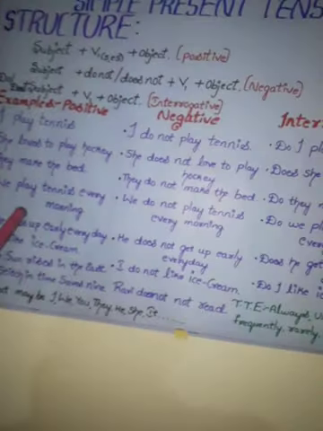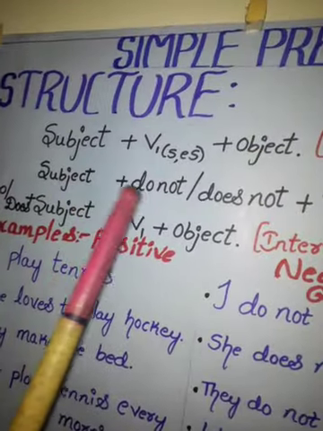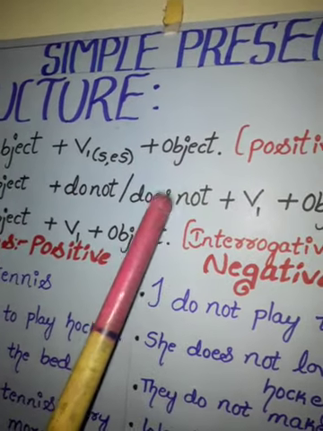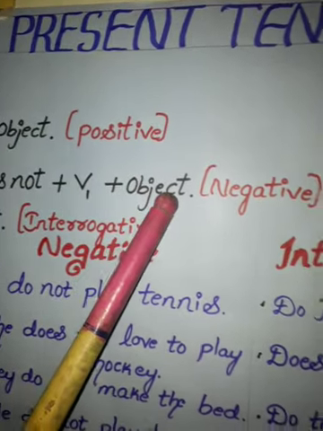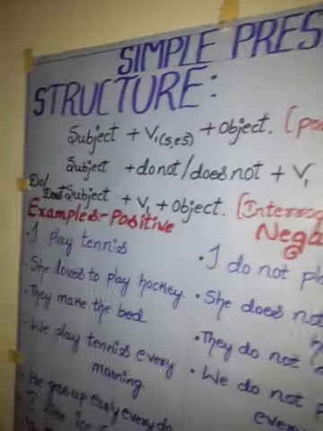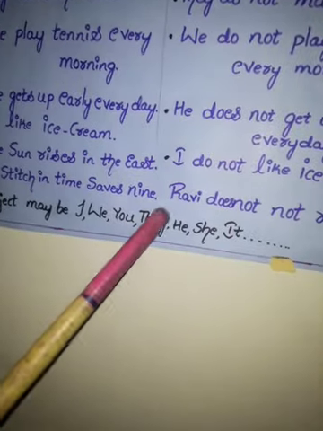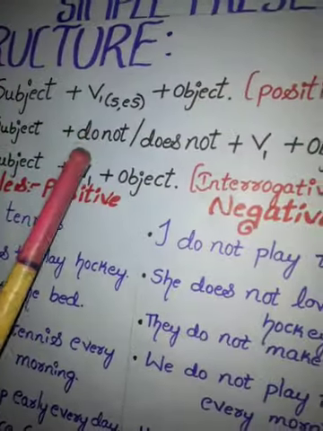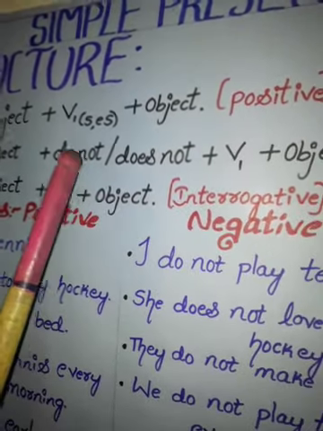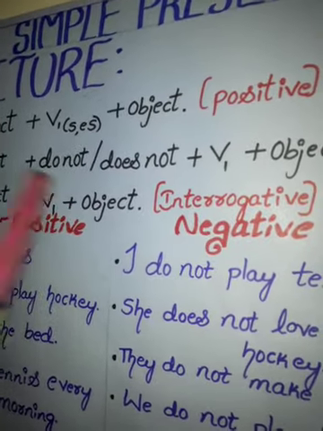Now we are going to talk about the negative sentence. Subject plus do not or does not plus V1 plus object, where subject may be I, we, you, they, he, she, it, etc. And do not or does not is based upon the subject.